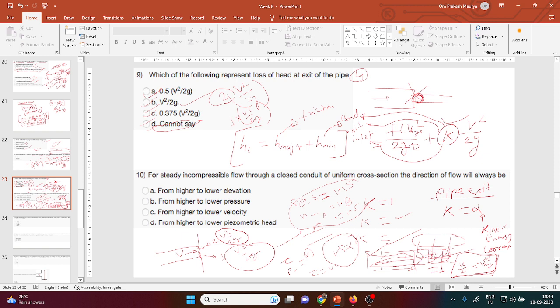Or you may say this is an over-design, but it is not. Why? Because after the development length, the velocity flowing is similar throughout. For only a small length is there less velocity in the system.